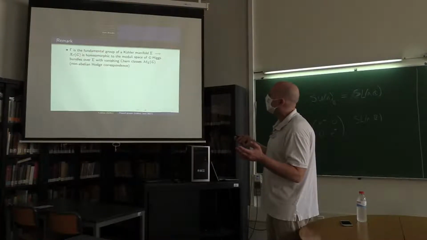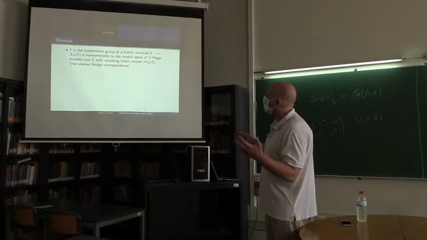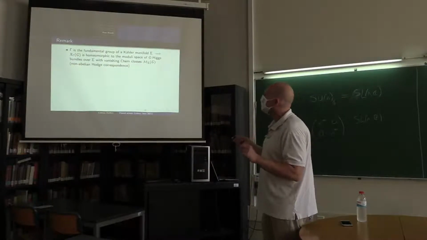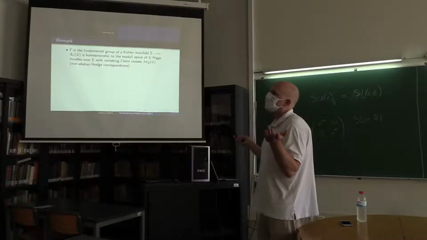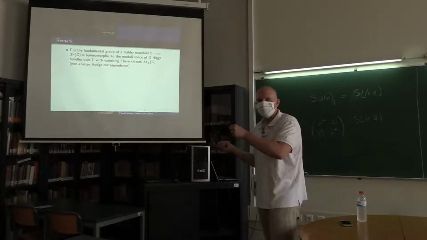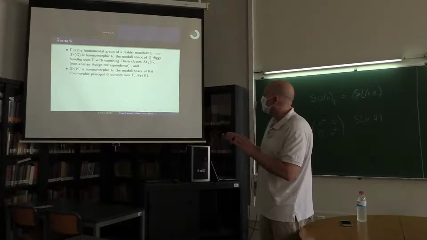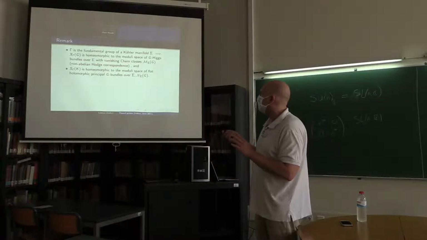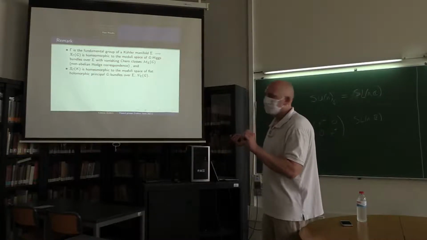The character variety is now homeomorphic to the moduli space of G-Higgs bundles over this Kähler manifold, with not just flat, we want all vanishing Chern classes. I mean, not just that the curvature is zero, but you need all the Chern classes. There are plenty of more general versions of the non-abelian Hodge theorem. I'm not going to state them all. This is the only one I need for this particular remark.